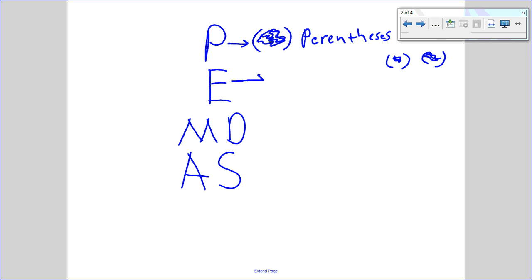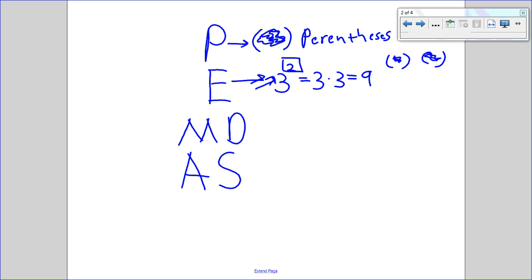The second, exponents, okay? Now, this is 3 to the second power. This is an exponent, okay? And this is called the base. But we don't need to worry about that for now. We just need to know there's a way to evaluate 3 to the second power. So 3 to the second power is the same thing as 3 times 3, which is the same thing as 9.